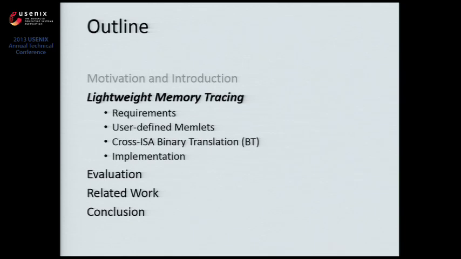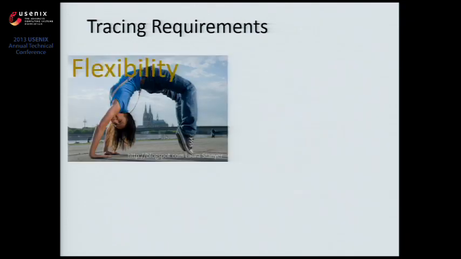So let's start right off with the tracing requirements that we have. First of all, as a user of such a tracing infrastructure, the thing you want most is flexibility. You don't want to be bogged down to a very limited set of registers that you can use, very limited state that you can use, and so on. So we want the user to be able to express their memlets very independently.